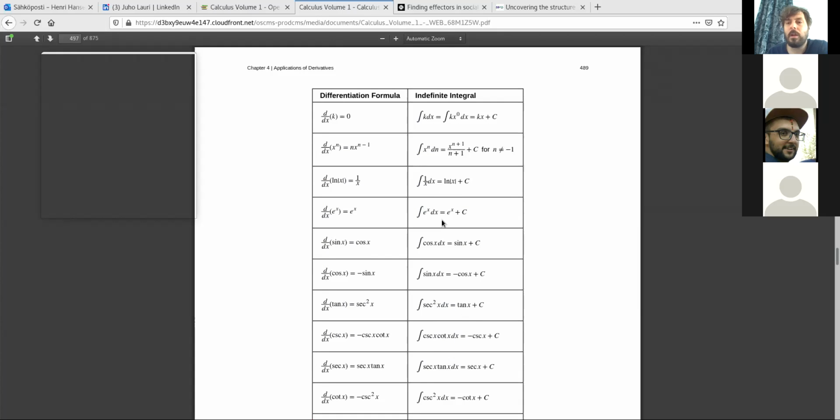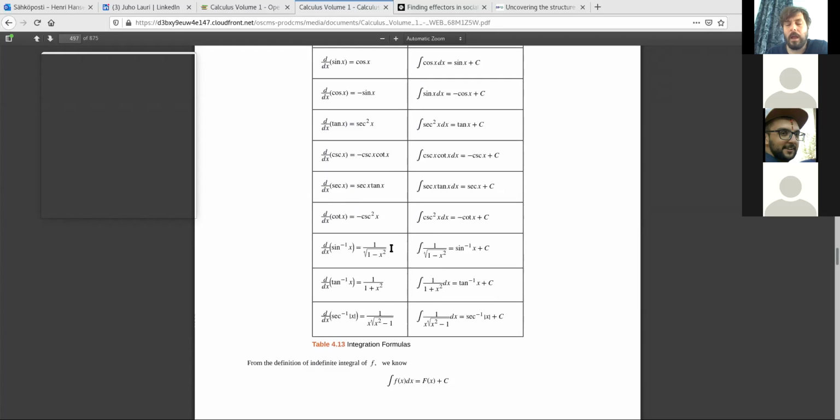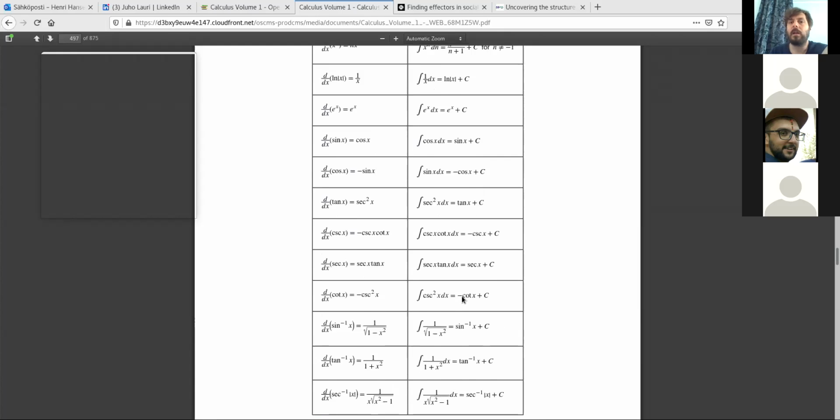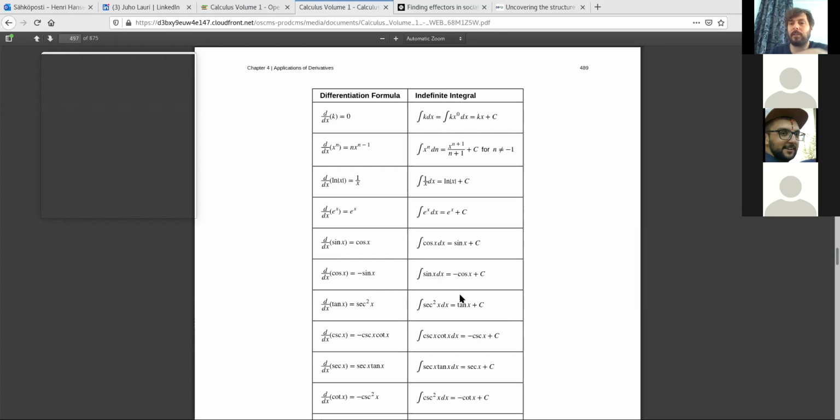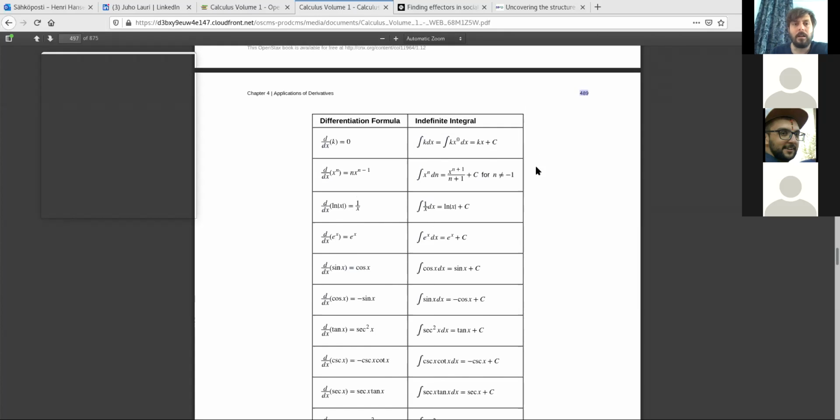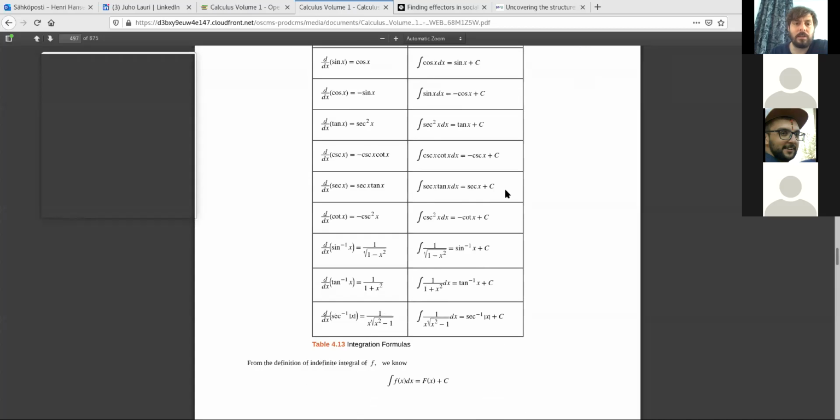We're actually more interested in the basics in which we use the simple cases, and then later we will have more differentiation rules about the inverses of the trigonometric functions. We didn't have the time and scope to discuss them, but you are fully at liberty to refer to page 489 in the book whenever you have to think about what the derivative of a certain function is or what the integral of certain functions is.